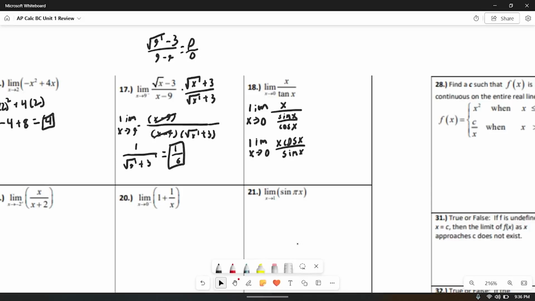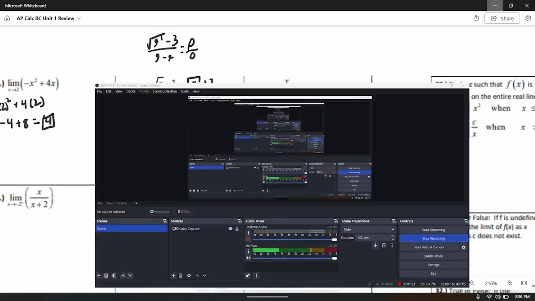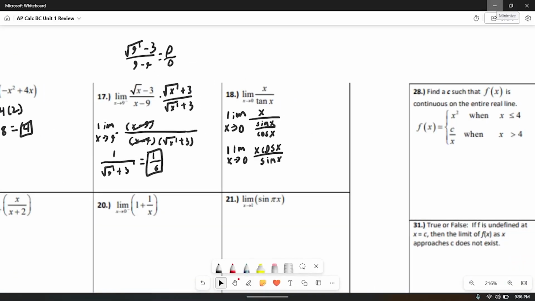Now what's special with limits, and not with derivatives or integrals, is the limit of the products equals the product of the limits. So we can turn the limit into two limits.